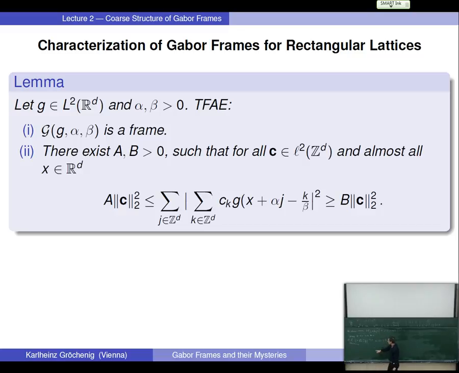So you believe me that if 1 over alpha, 1 over beta are greater than R, you can do that uniformly. So for alpha, beta less than 1 over R, that's something you can do uniformly with delta positive. And then you look at the Gramian, the inner products of pi nu g with pi mu g.